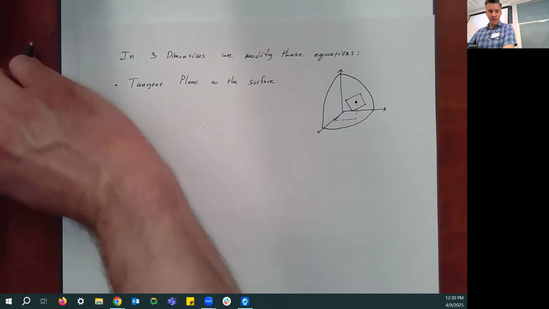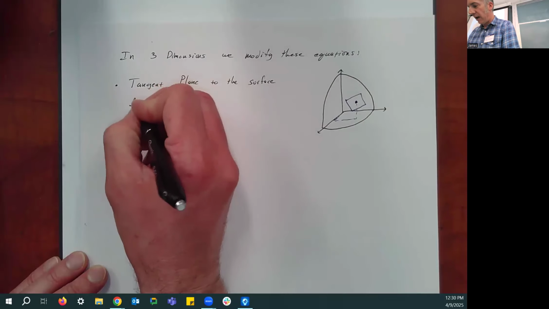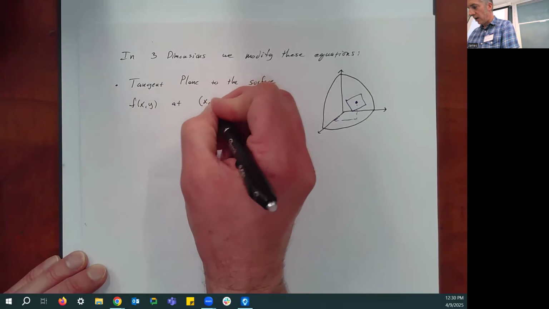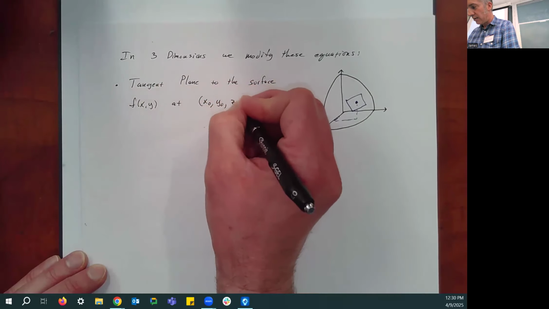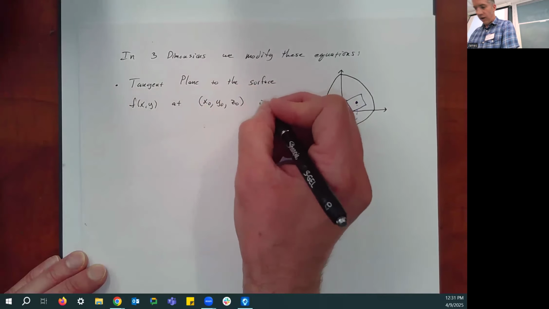So here's what we get. The tangent plane to the surface f of x comma y at the point x naught comma y naught comma z naught, I might even call this z equals f of x y, is the following.